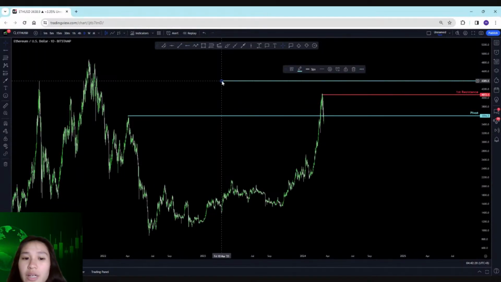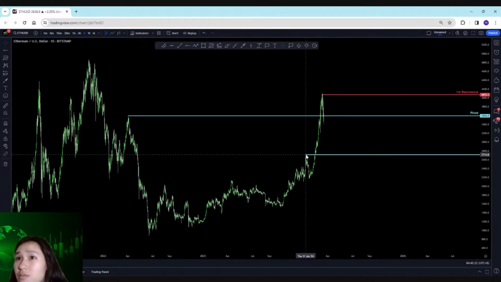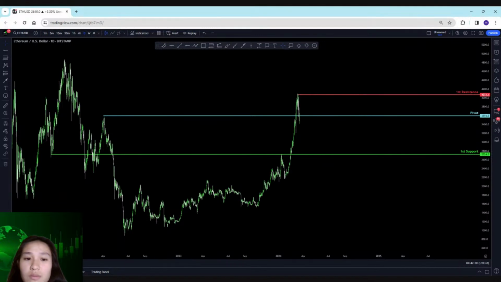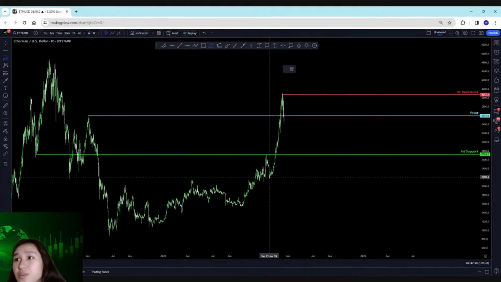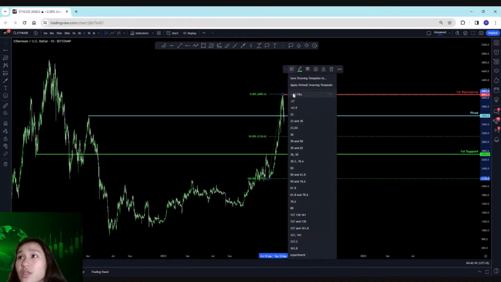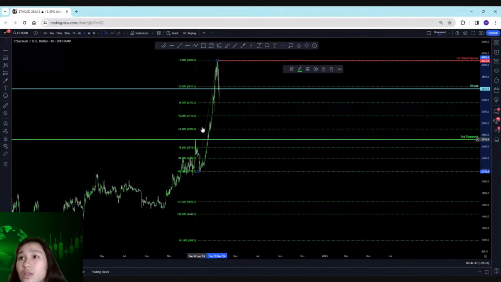And lastly, my first support over here. Going in with my retracement, same thing, I'm going to look at those 5 levels.